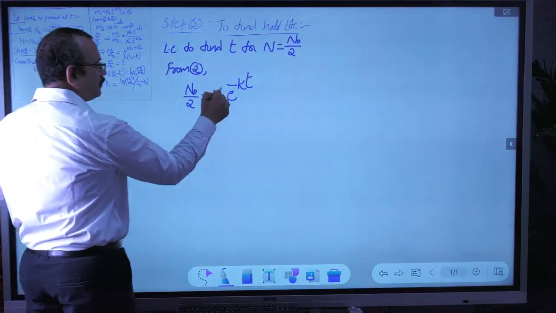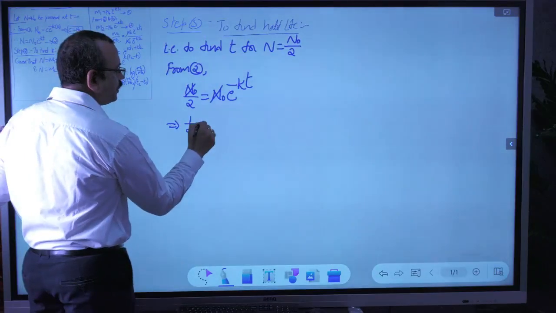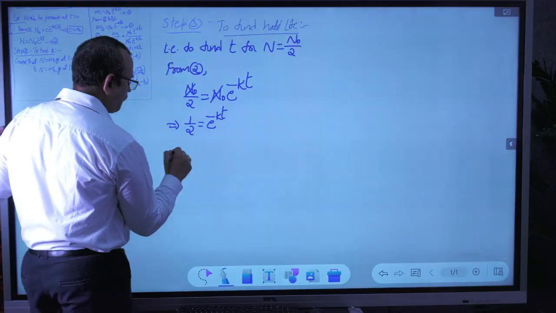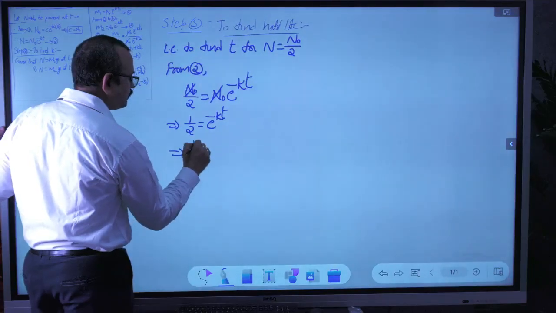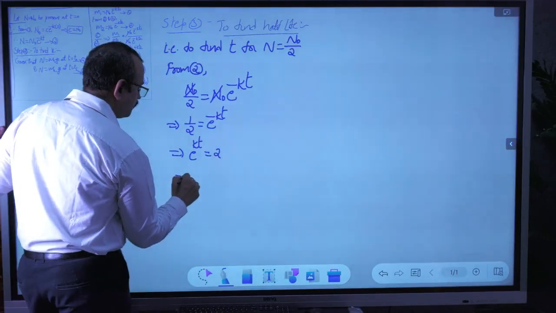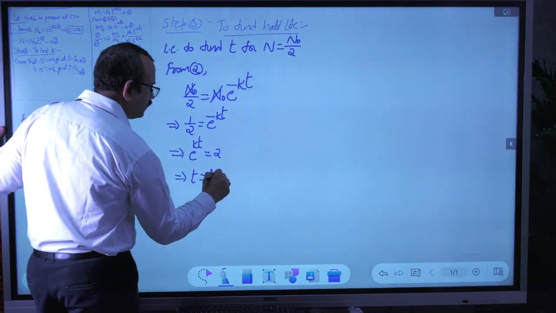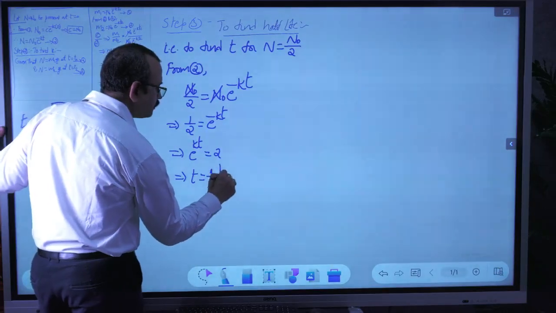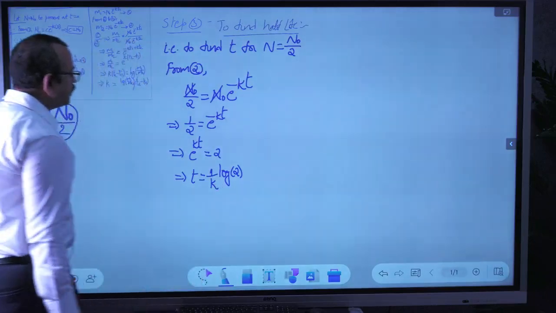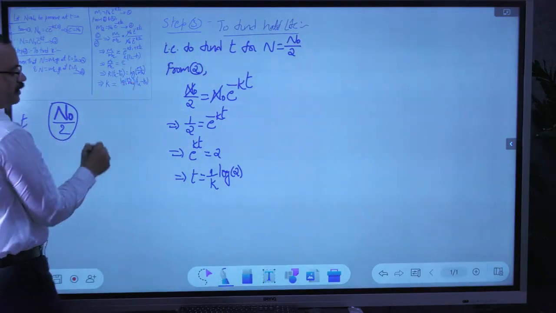So here n naught cancels out and we will get 1 by 2 is equal to e power minus kt, or otherwise we can write e power kt is equal to 2, means t is equal to 1 by k into log of 2. Now what is that k value? K value here we have log of m1 by m2 divided by t2 minus t1.